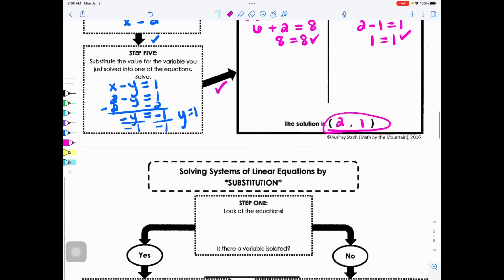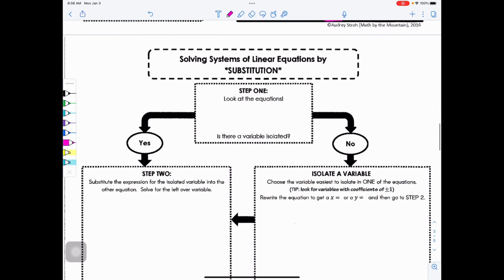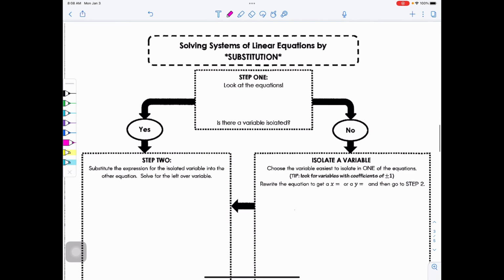Now let's move on and practice solving one algebraically using our substitution method. So our system for this one is x plus 2y equals 5 and y equals 2 minus x.